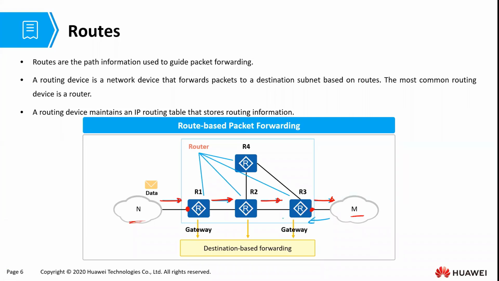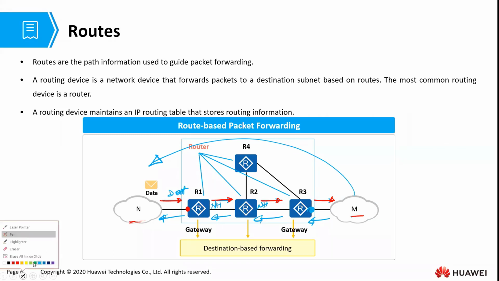To reply. So when network M is replying, it will also send to its own next what? Next hop. So this is the gateway for M talking to N. This is a next hop. This is a next hop. Okay, this is the destination.